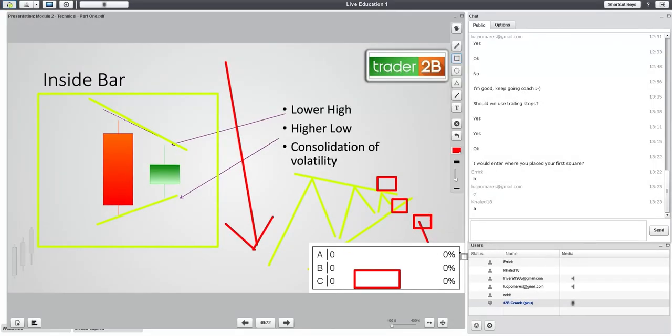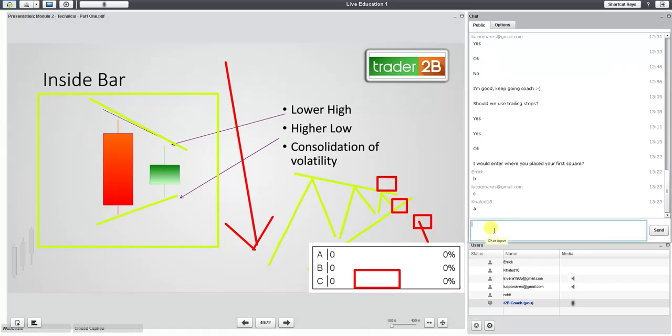So guys, the answer to this question would be this square here. Why is this? Now I'll explain. As the price is consolidating, for good risk management we want to be anticipating a breakout.